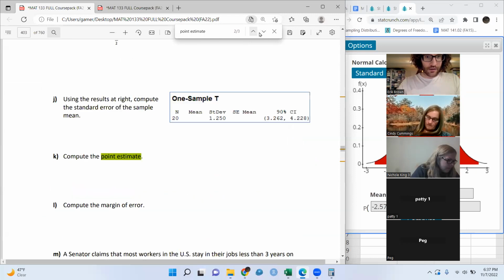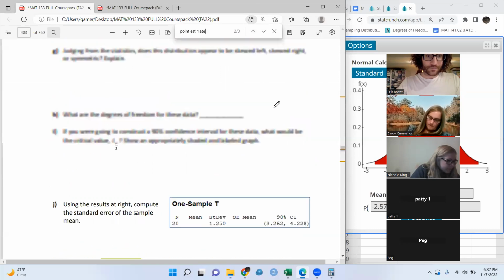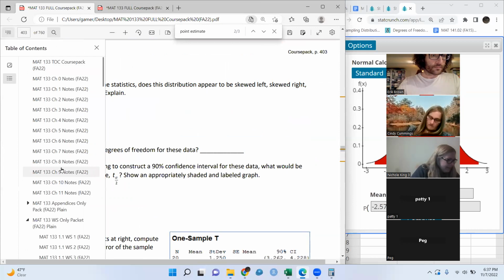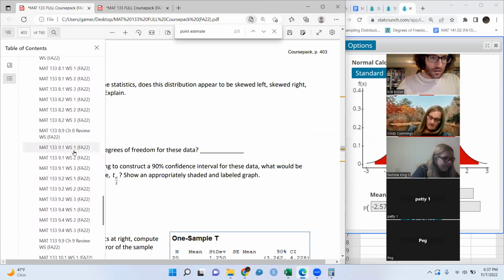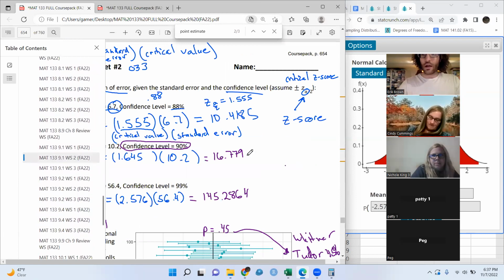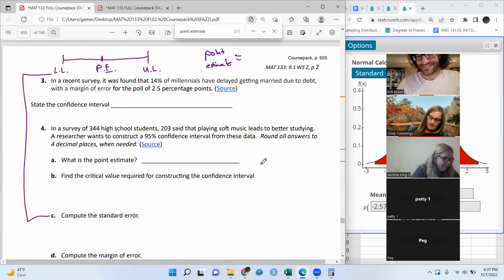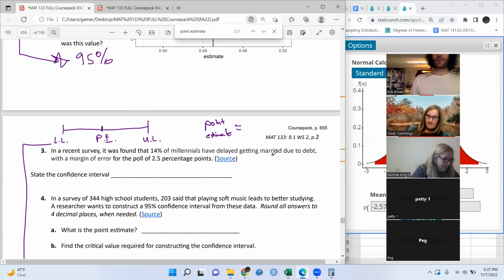Well, that's not helpful. Where's the definition of it? Yeah, it's not on here. Is this the first time you've all heard point estimate? No? Then what is it? No worries. I'll remind you.